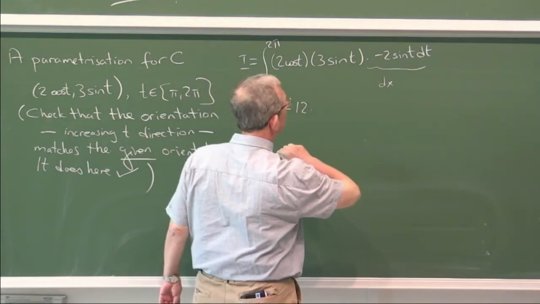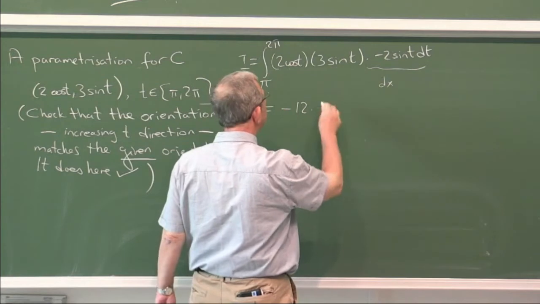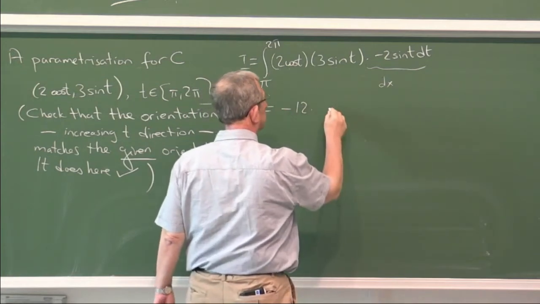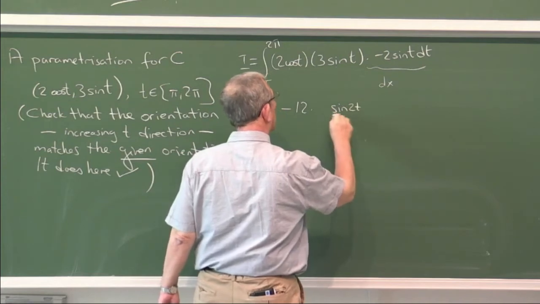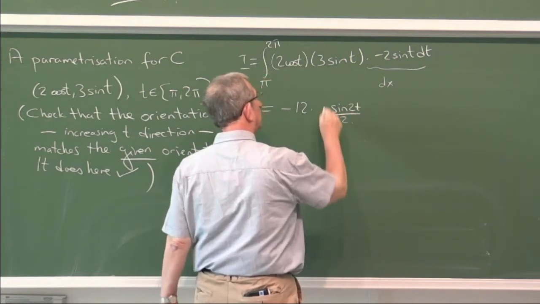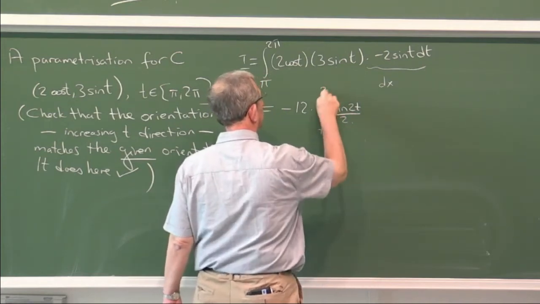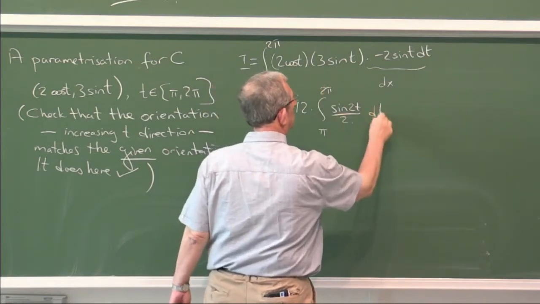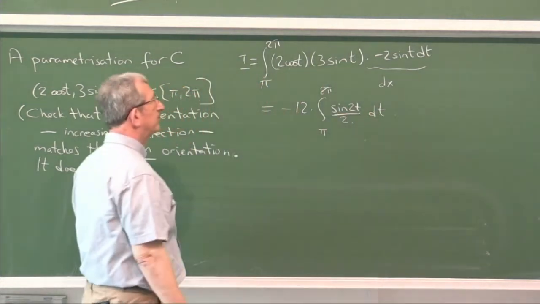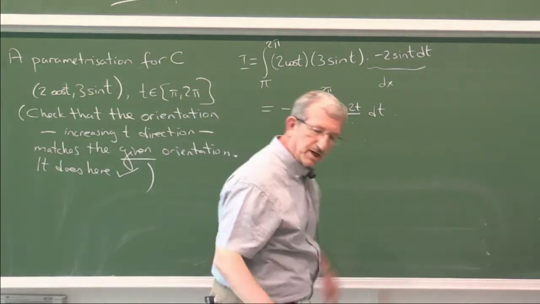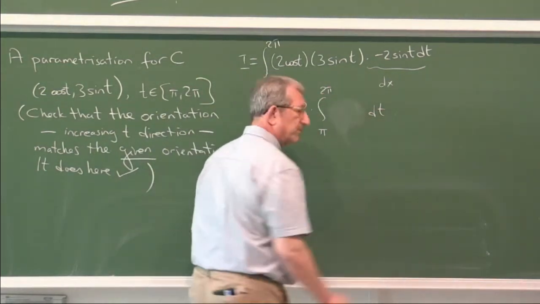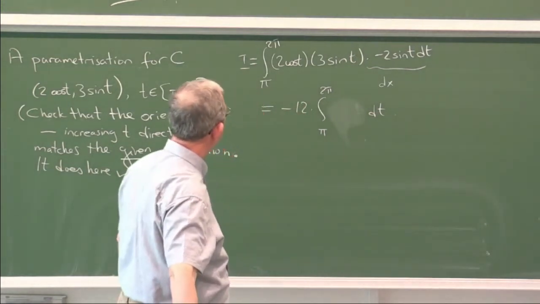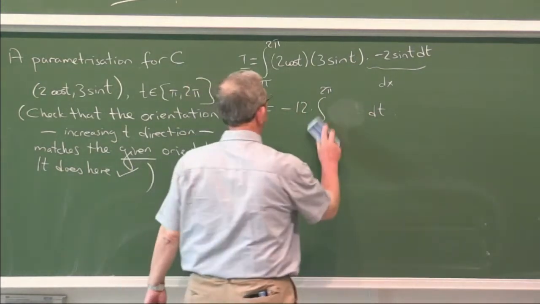And so sine 2t, well, we can calculate that actually. That's simple enough. So this would give us sine 2t over 2, integral pi to 2 pi dt. Is that so? No, we have another sine t. So let us be careful here. That's not true. Well, we can directly integrate.